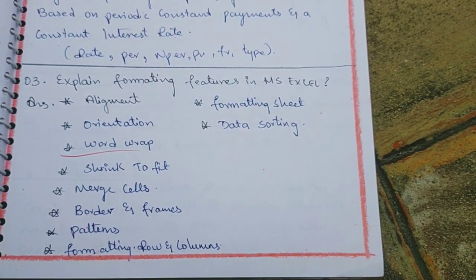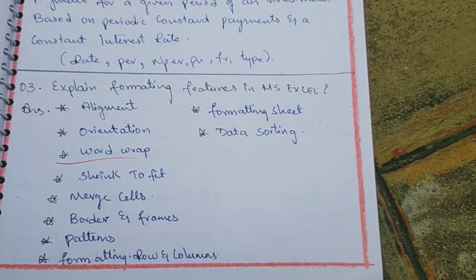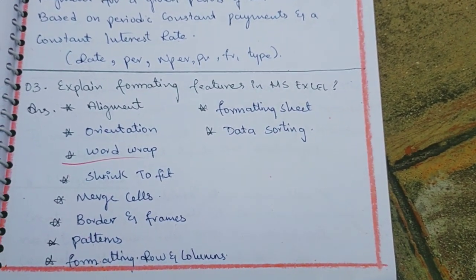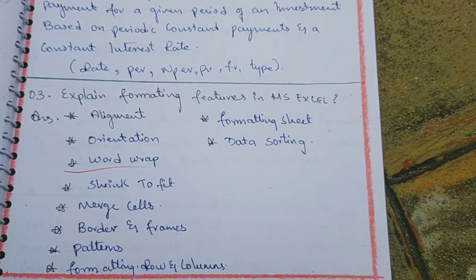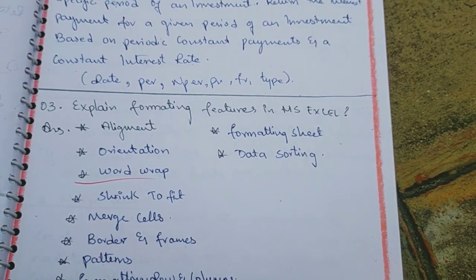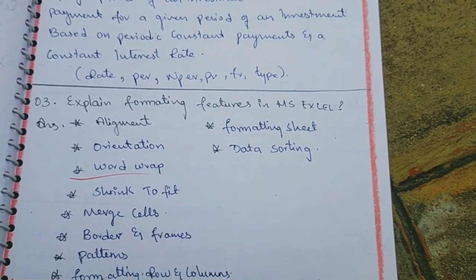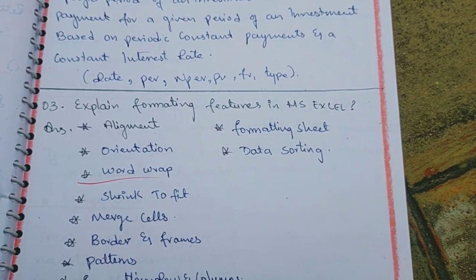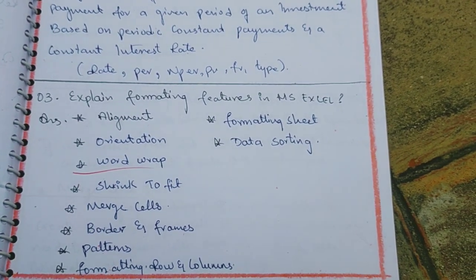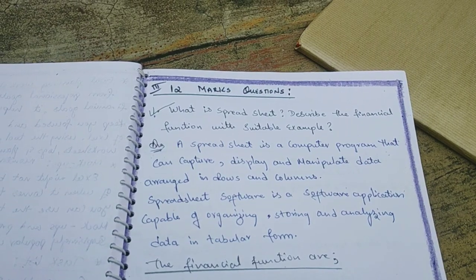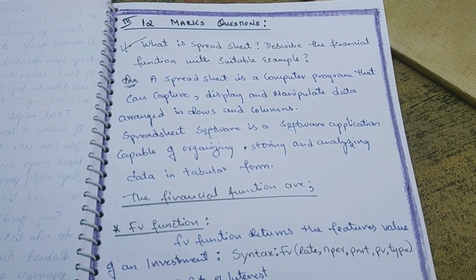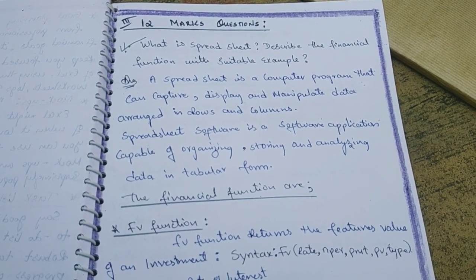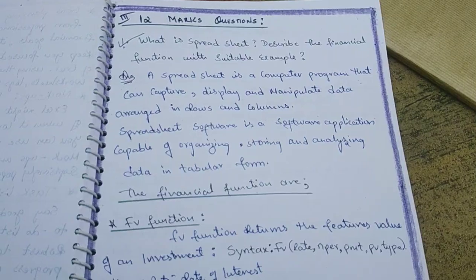In upcoming videos I'll show you how we can use conditional formatting, how we can highlight a particular area, how we can merge cells, how we can give borders to the table, and date sorting. Today's video covered some of the important topics.